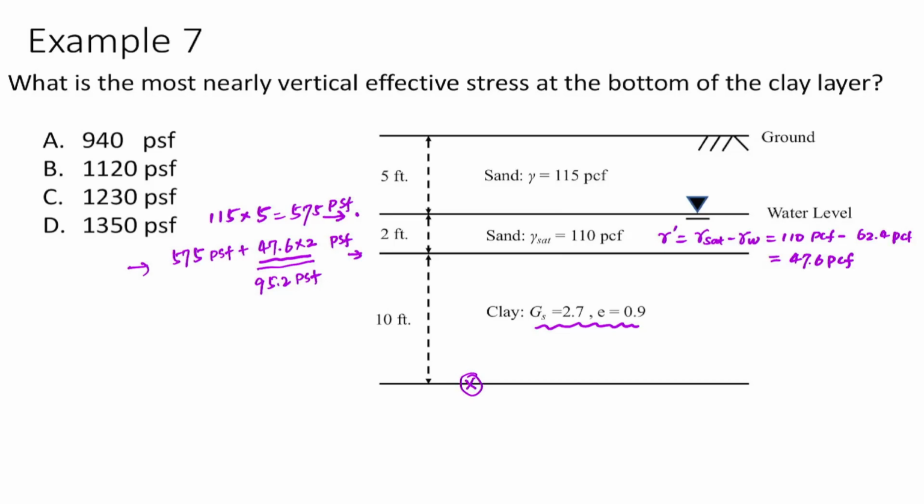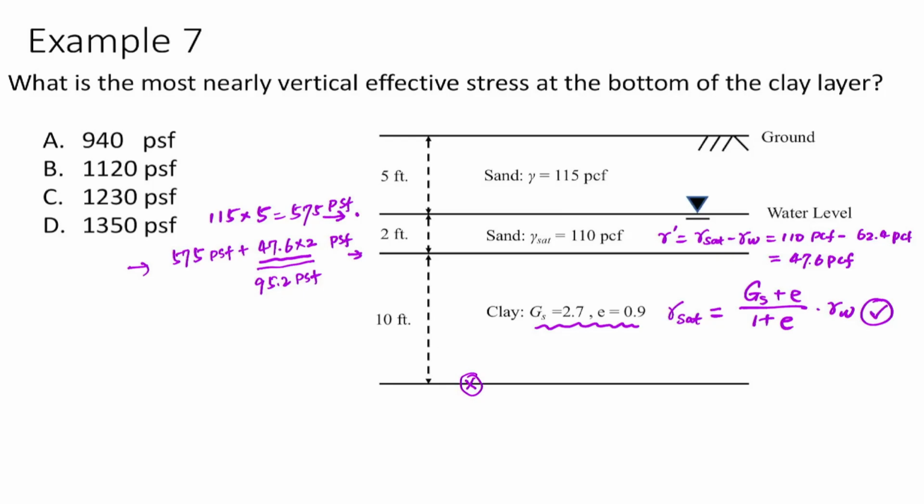But if you don't want to do that, you can find a definition of gamma SAT from the reference manual: gamma SAT is GS times (e plus 1) over e, times gamma water. Again, you can easily get this equation if you plot a 3-phase relationship, but if not, just go and get that equation.